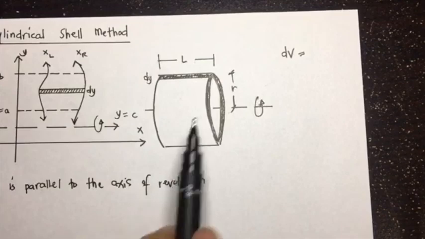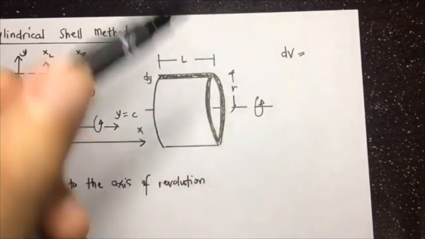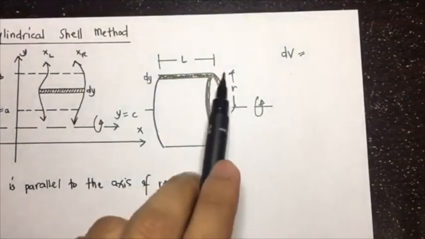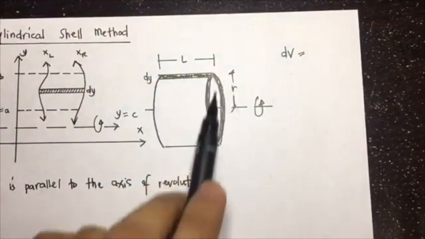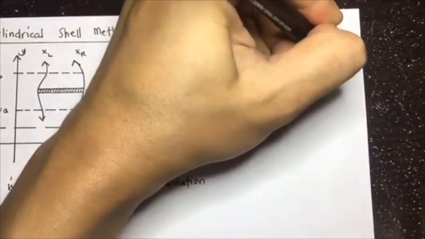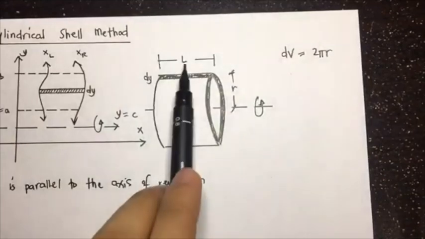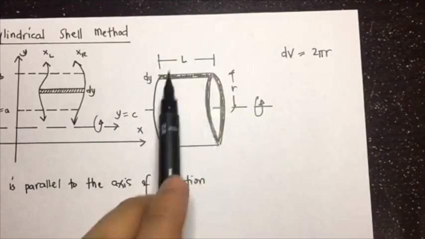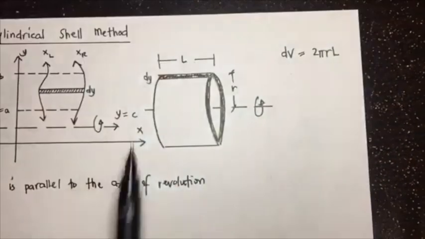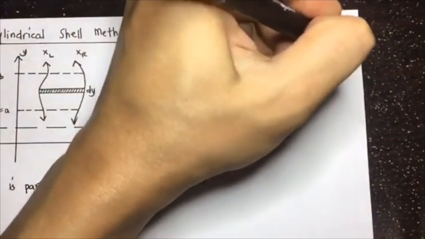So the differential volume will be equal to the circumference. The circumference of this cylindrical shell is 2 pi r, and then its length is L, and its thickness is dy.